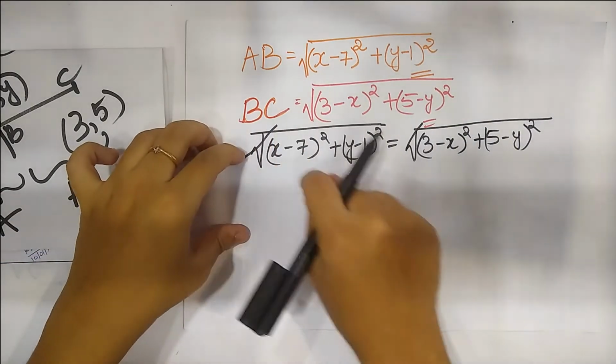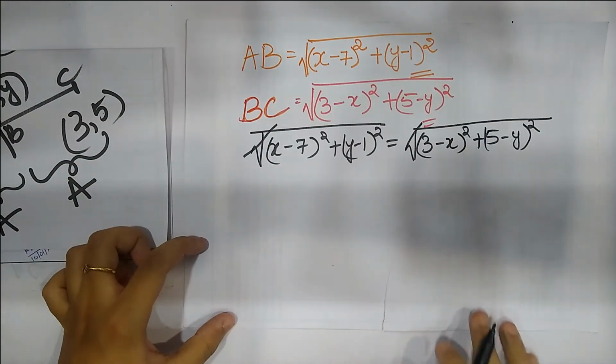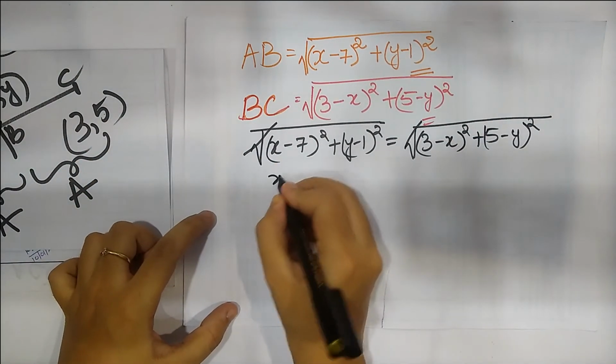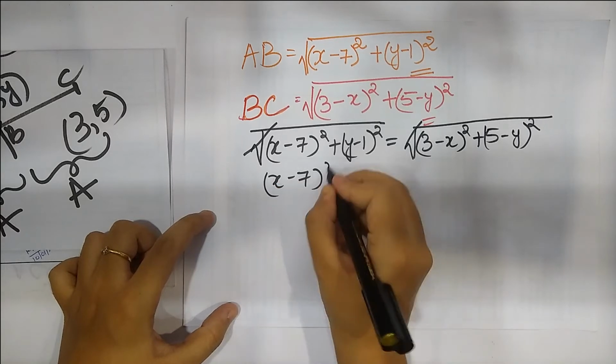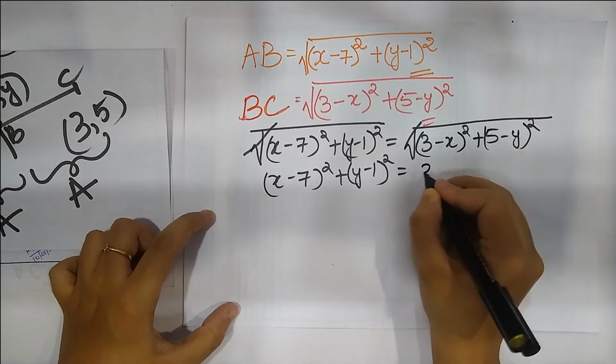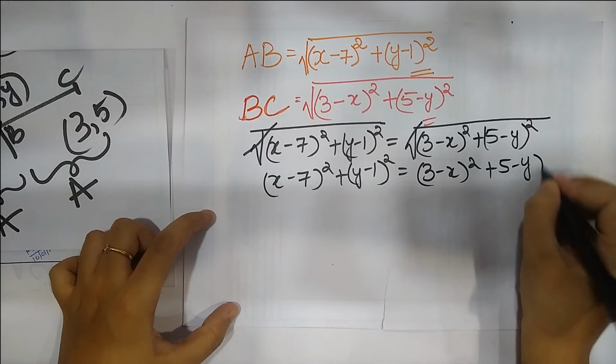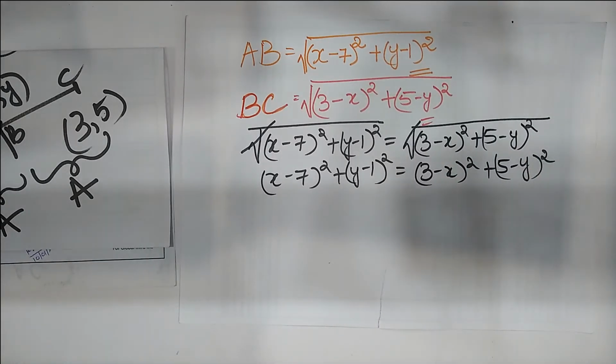Only if there are square roots on both sides can you cancel them. So we cancel the square roots, and now this becomes x minus 7 the whole square plus y minus 1 the whole square is equal to 3 minus x the whole square plus 5 minus y the whole square.